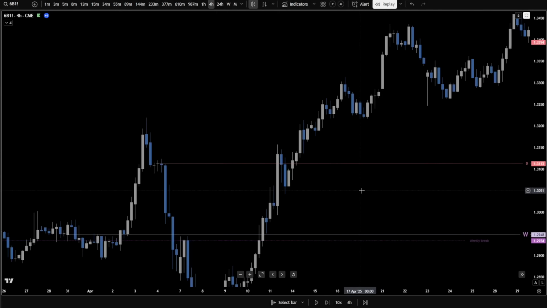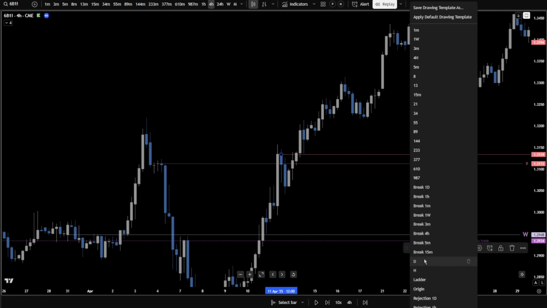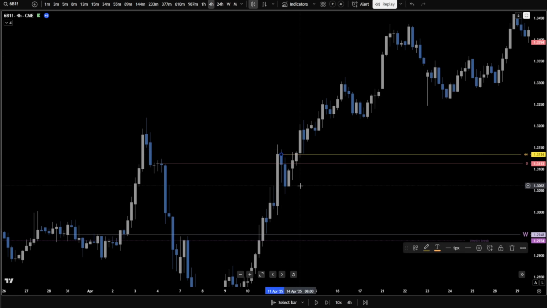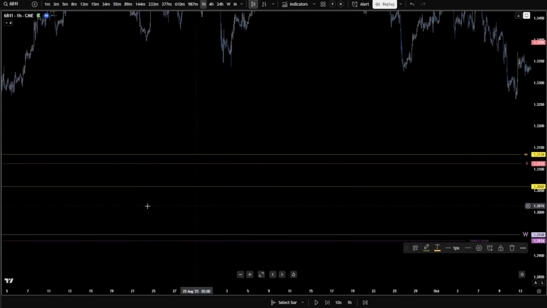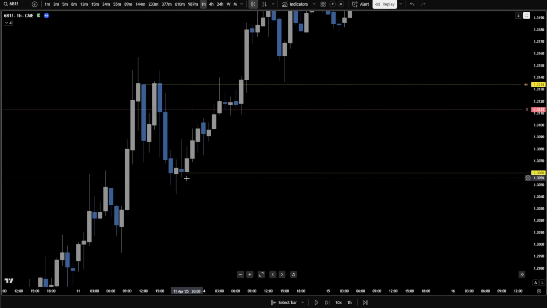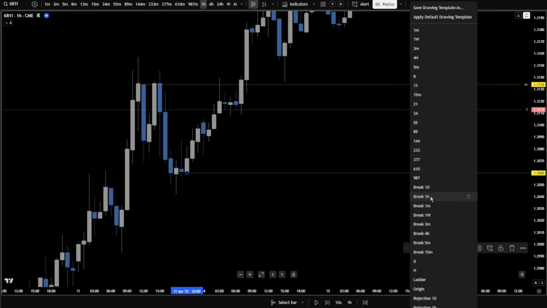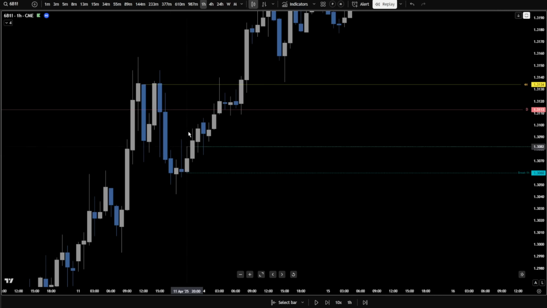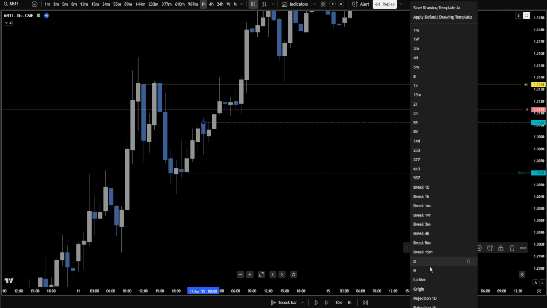We can see that there is a 4 hour level here, and there is not really a 4 hour level here, but if we zoom in, we can see that there is something here developed on 1 hour. So this is an hourly break level, making this an hourly hold level.